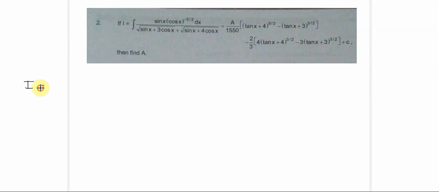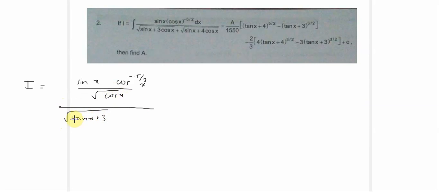So left side, the integral is then sin x cos of x power minus 5 by 2 by root of cos x divided by, this will become tan x plus 3, and plus this will become tan x plus 4.